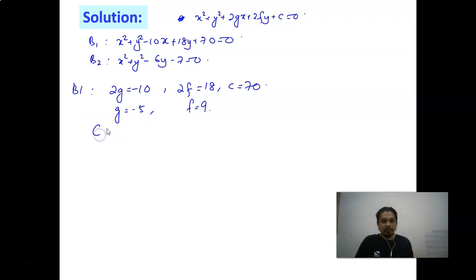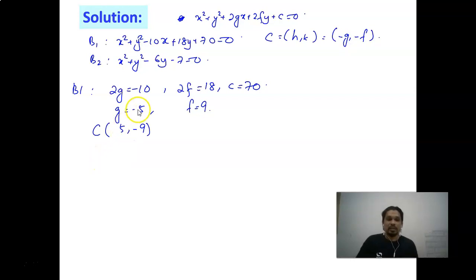So then the center of B1 is 5 and negative 9, because the center, H and K, is also equal to negative g and negative f. Okay, so the center of the circle is 5 and negative 9. And c is 70.